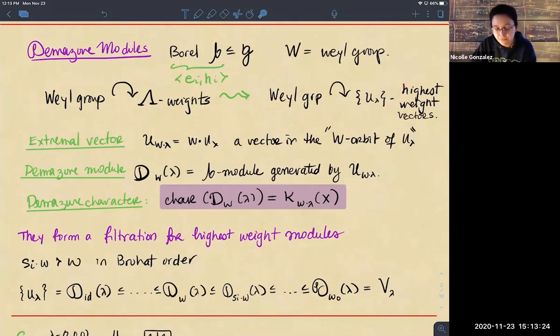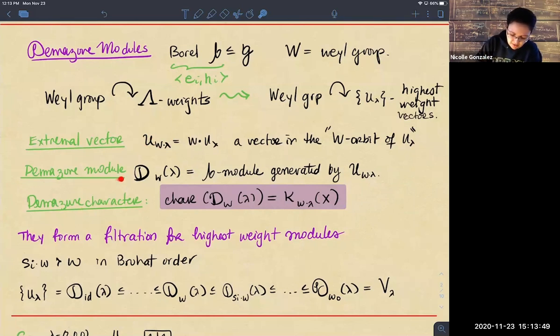There's an induced action. And so what we're going to consider is not the highest weight vectors directly, but the orbits of these highest weight vectors under the action of the Weyl group. Namely, we're going to look at these things called extremal weight vectors, right? So it is literally saying, all right, we're going to take our highest weight vector, we're going to act by an element of the Weyl group, and that's going to give us some other vector, some vector in the orbit.